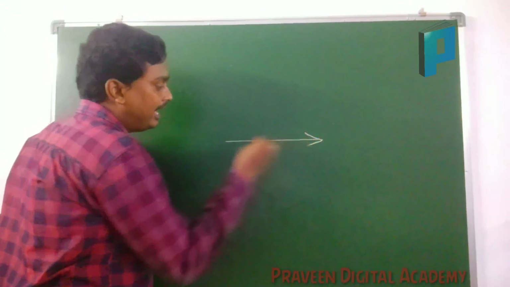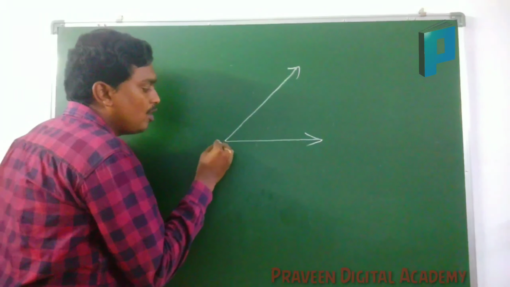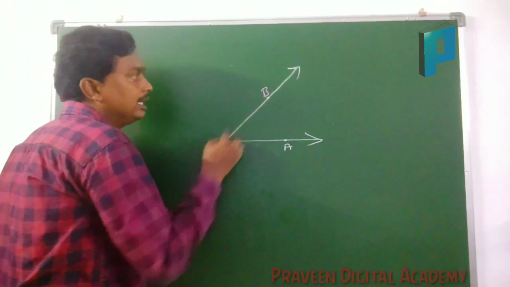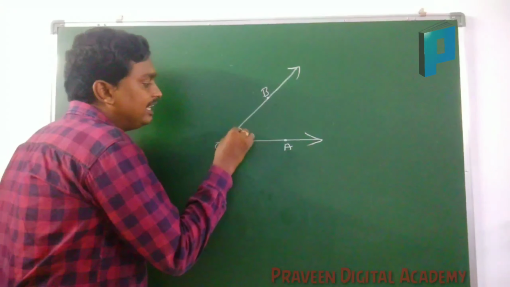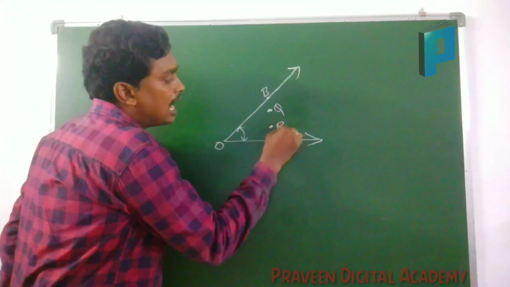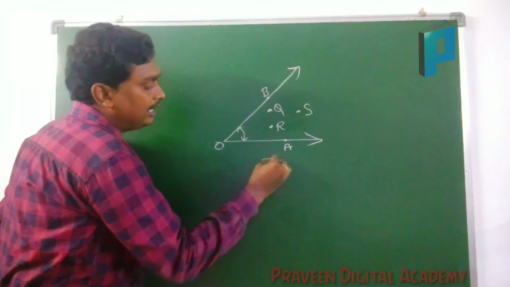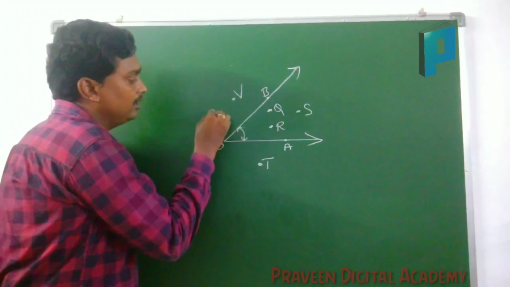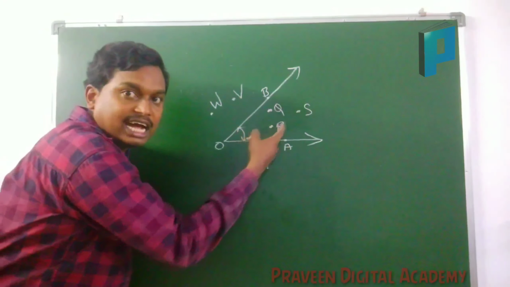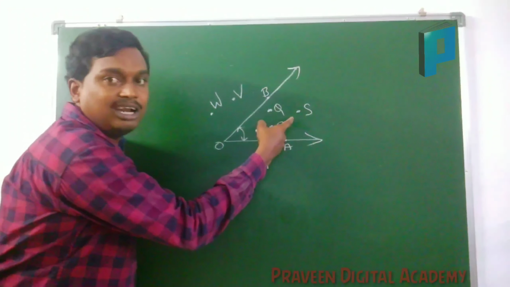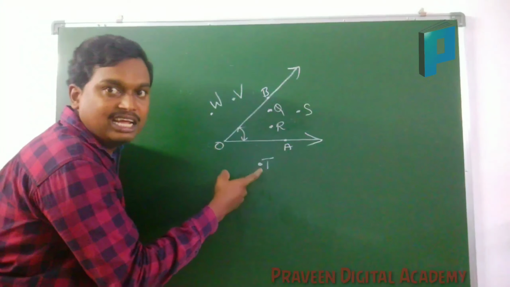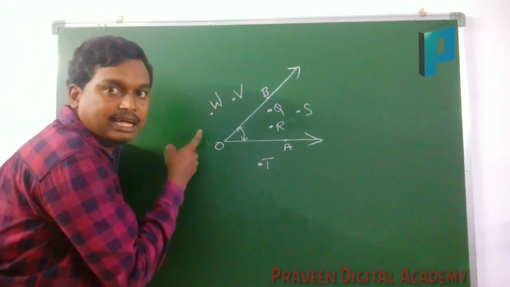If you are having an angle like this, let O be the vertex, OA the initial ray, OB the terminated ray, and this inclination is called angle. If you are having Q, R, S, T, V, W, the points which are inside the angle are called interior points. The points which are outside the angle are called exterior points.